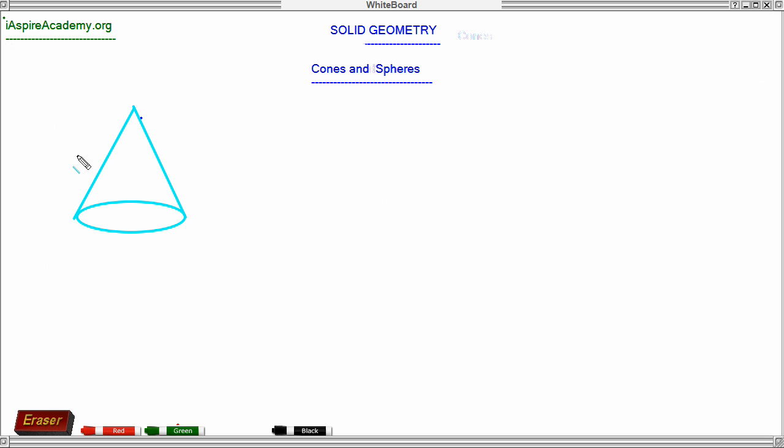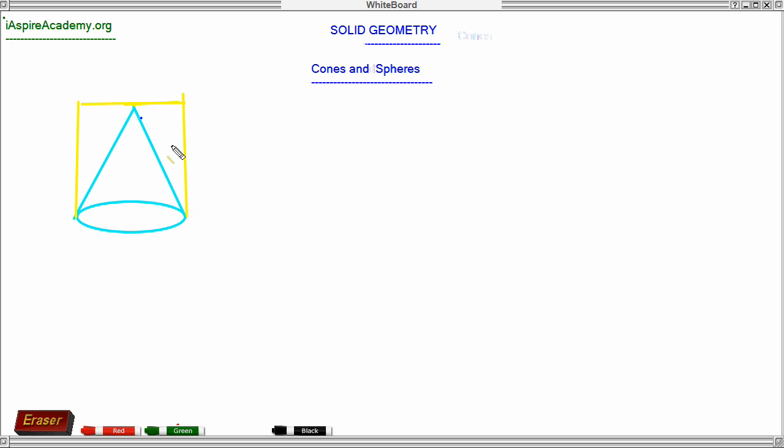You take a cylinder, and you shrink one surface to a point, and then you get the cone.